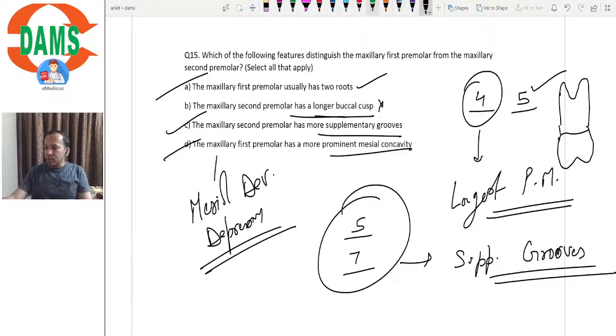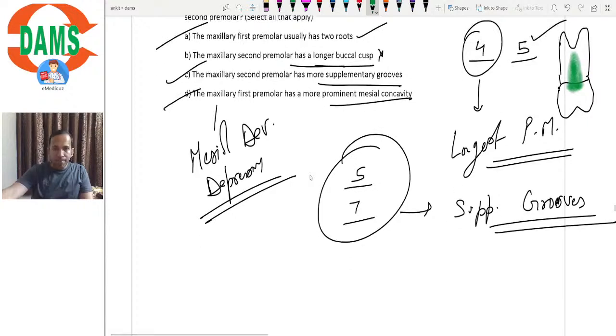So the concavity starts just above the CEJ and it continues into the root, isn't it? So this is the mesial developmental depression and a unique feature of the maxillary first premolar. Okay?